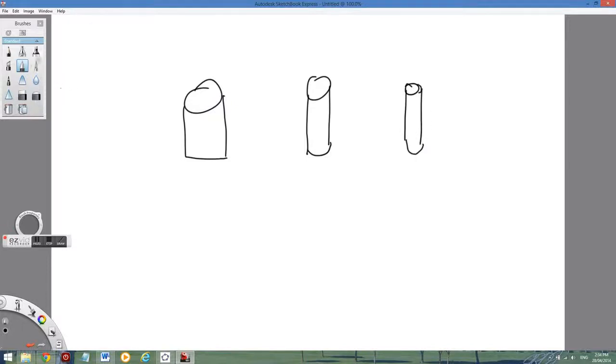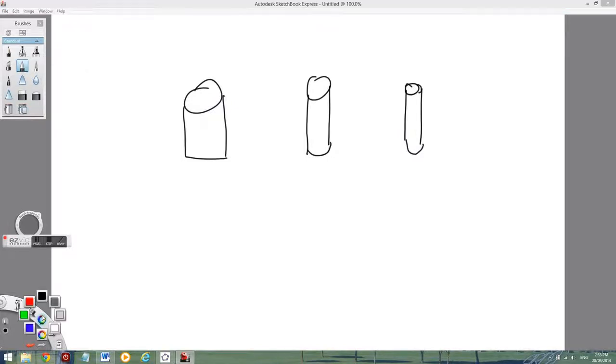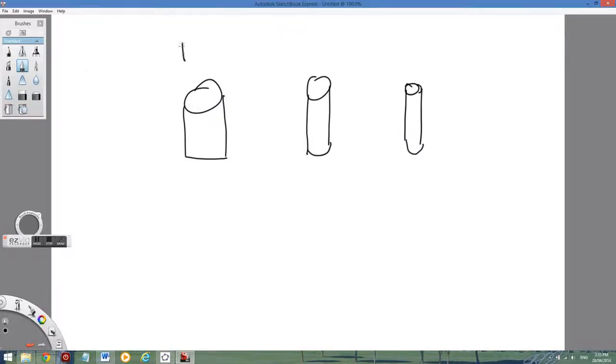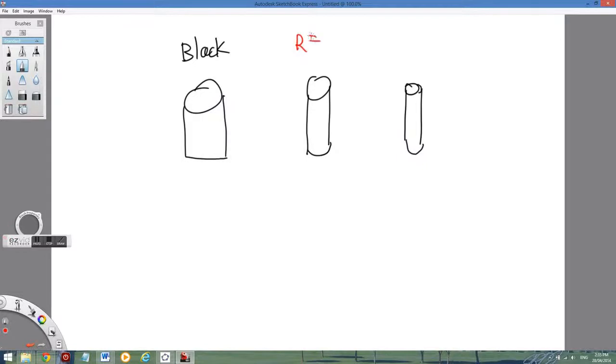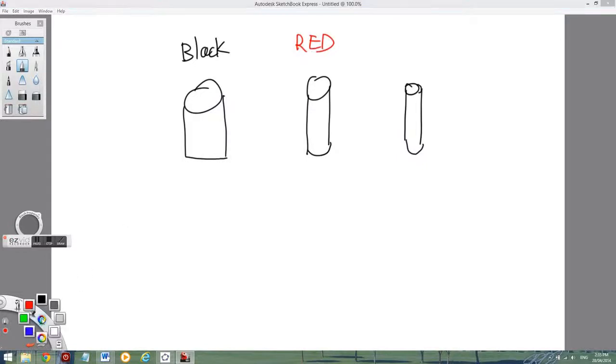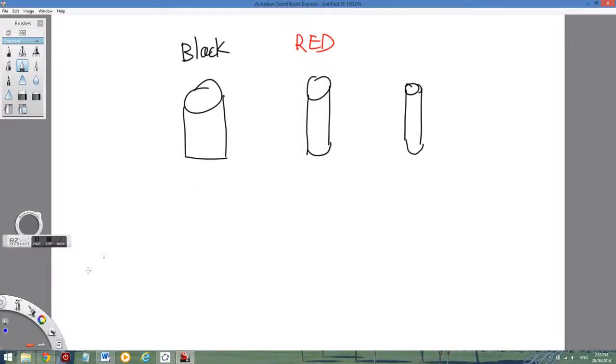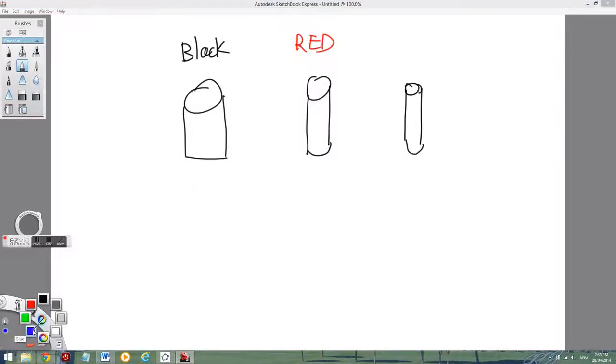What he did was, on a hot summer day, he put them under the sun. He painted the three bottles in three colors: black, red, and white, actually transparent.